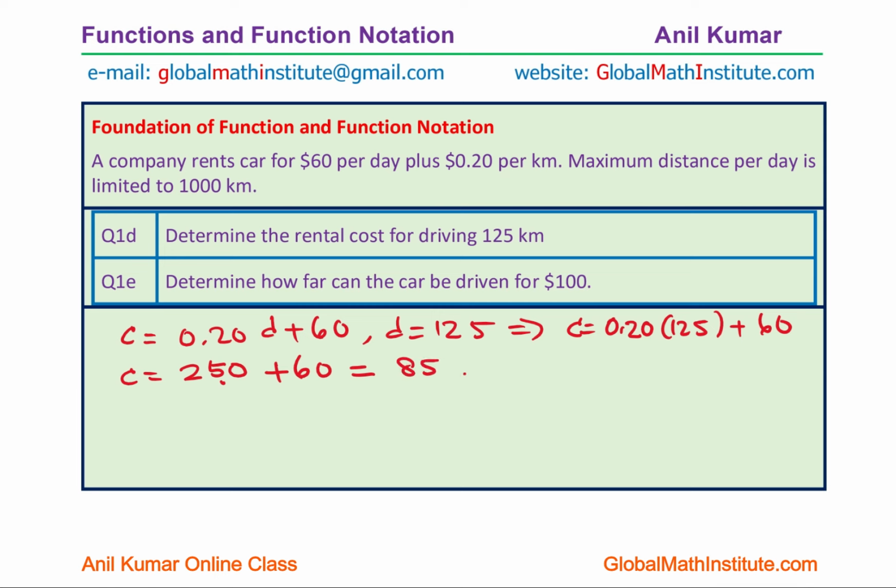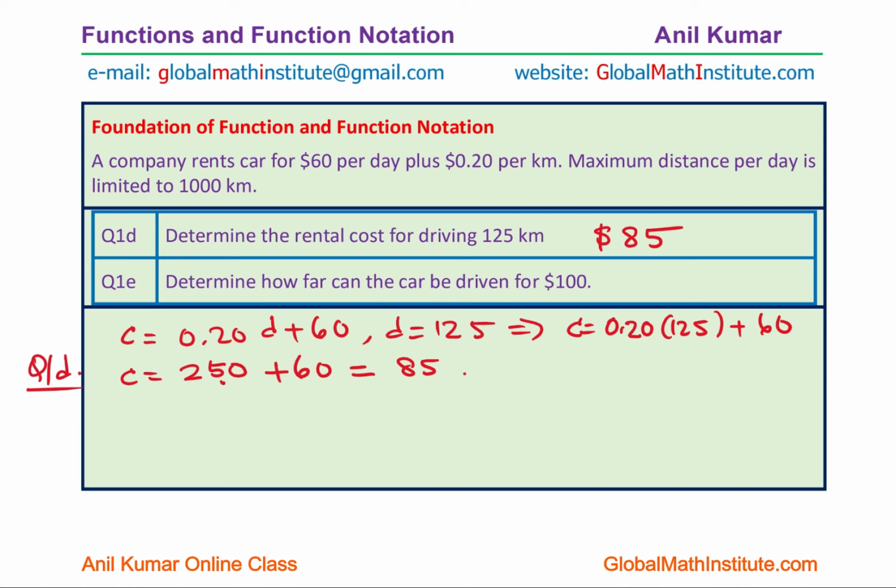And therefore, you have the total cost as $85 for driving 125 kilometers. Makes sense? Every 100 kilometers gives you $20 extra, and then 25 kilometers will give you 5 more. So we get question number 1D in this particular fashion.